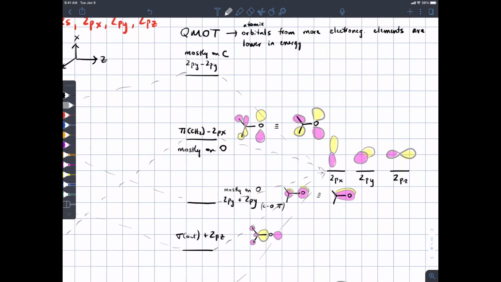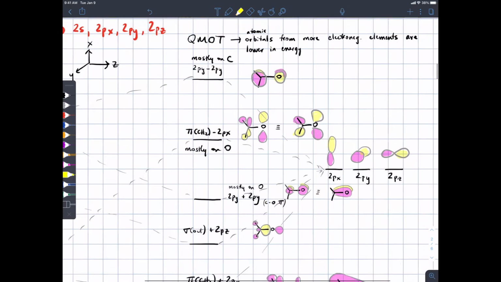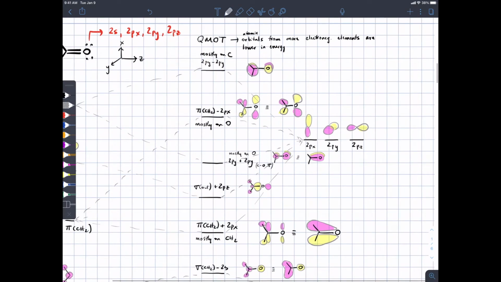Similarly, for the LUMO, the out-of-phase combination, we expect to see more of the minus combination on the carbon and less on the oxygen. We would have called this the carbon-oxygen pi star, perhaps, in a sophomore organic course.